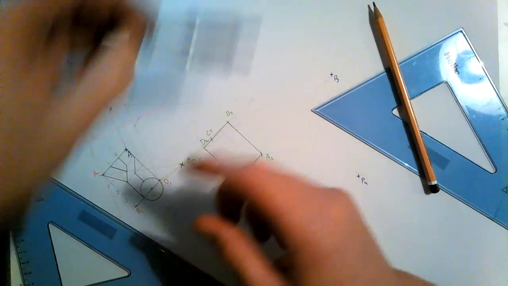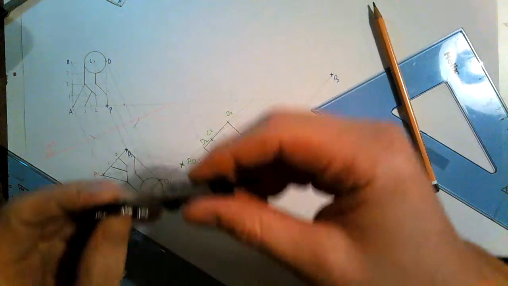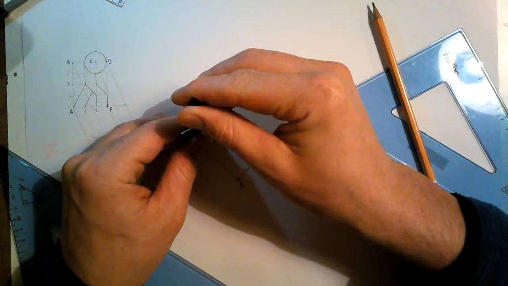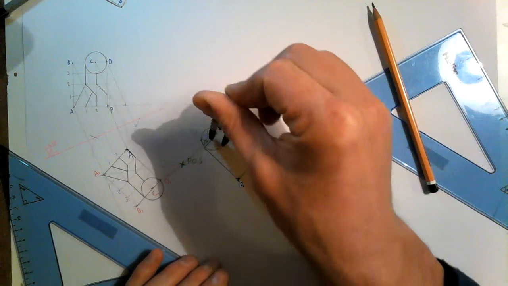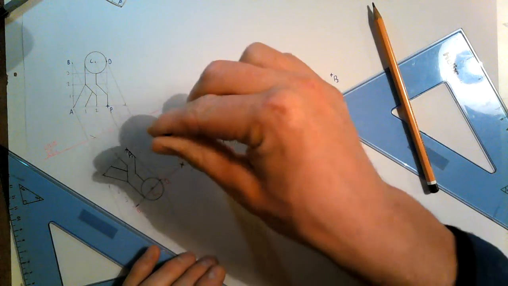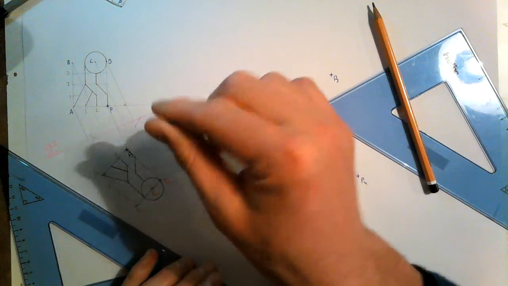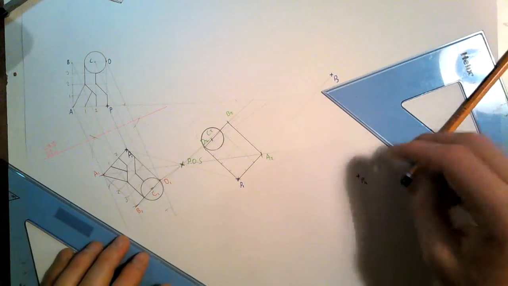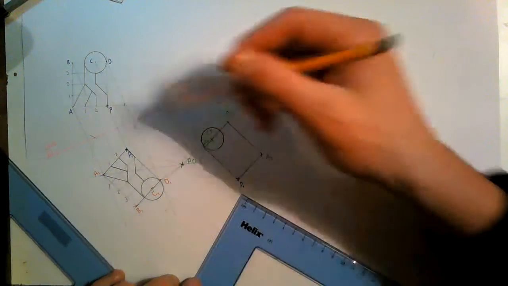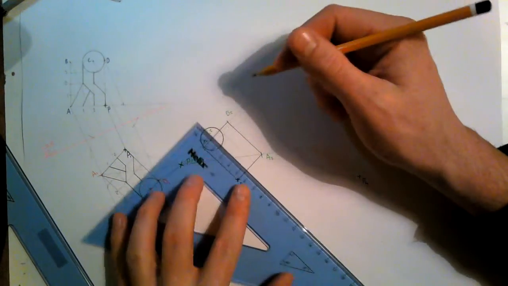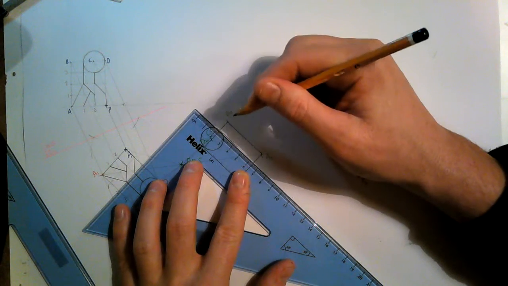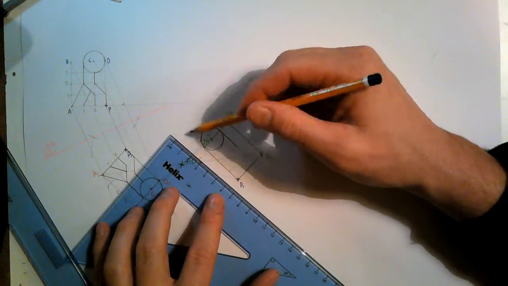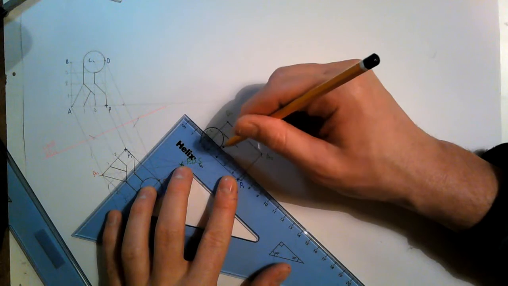Okay, so I'm going to start with the head again. I know where C is. Okay, so I can start putting it in here. I know the back of the neck comes down two. Okay, the front comes down one.